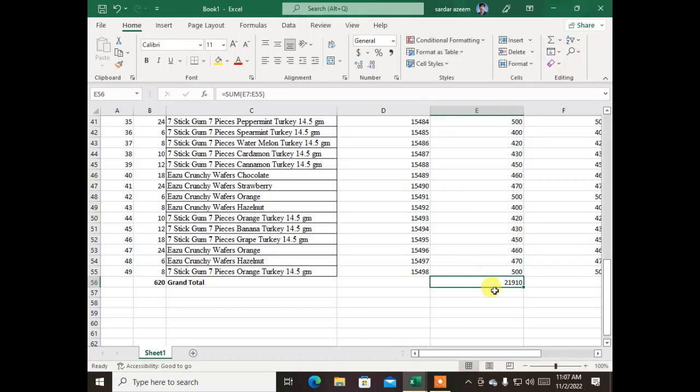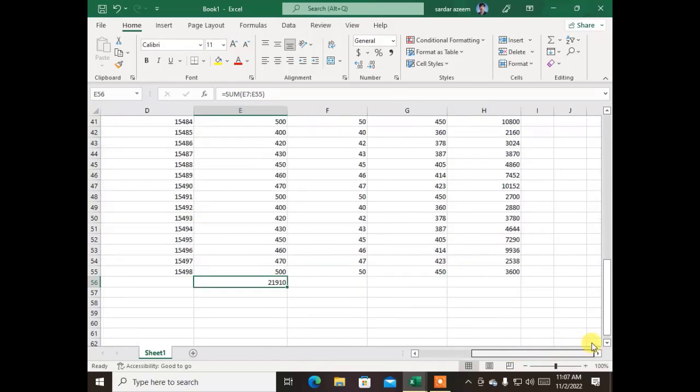It shows that it cost 21,910 rupees. Now how much discount did we allow this person? At the end of the discount column, we will click auto sum. It will show that we have provided him a discount of 2191 rupees for today.